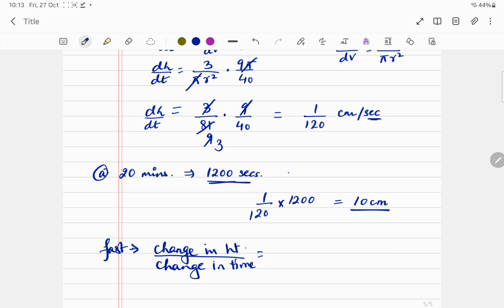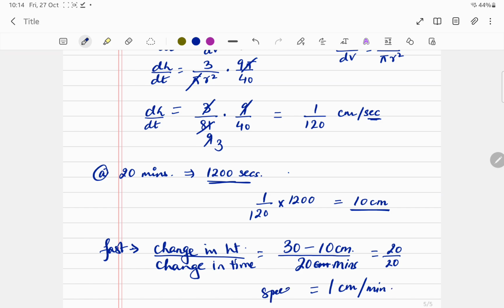The change in height in 20 minutes has been from 30 to 10 centimeters, so 20 centimeters, over a time of 20 minutes. That is 20 over 20, so 1 centimeter per minute is the speed at which the height is reducing.